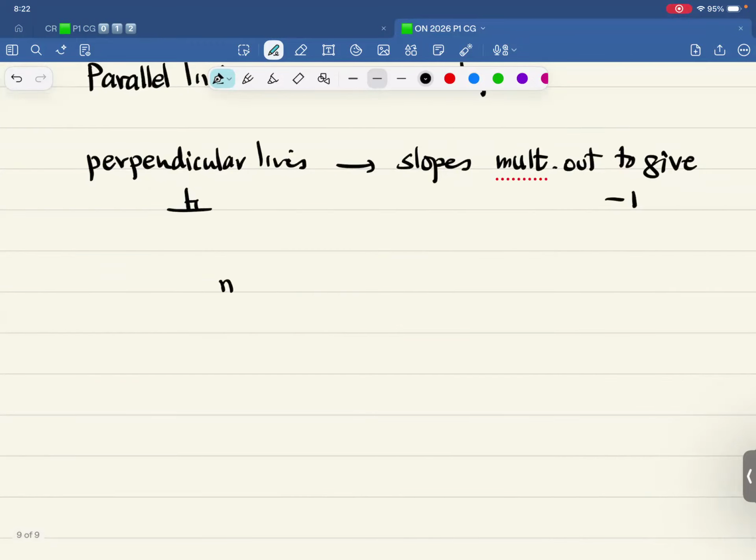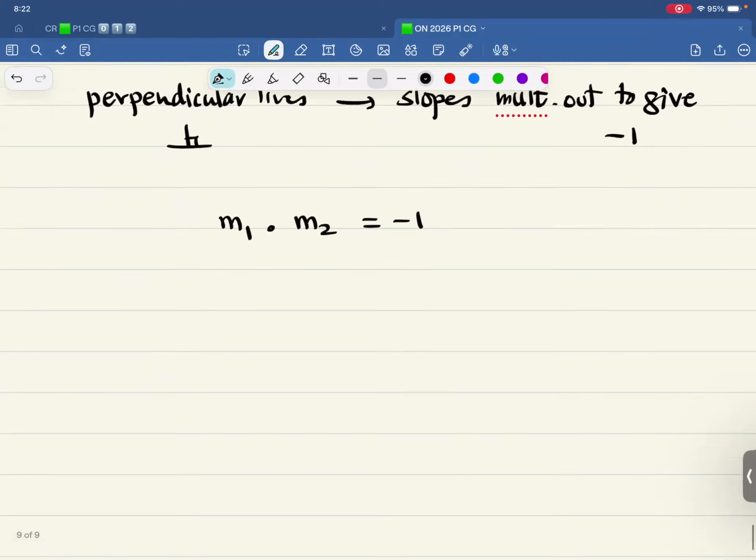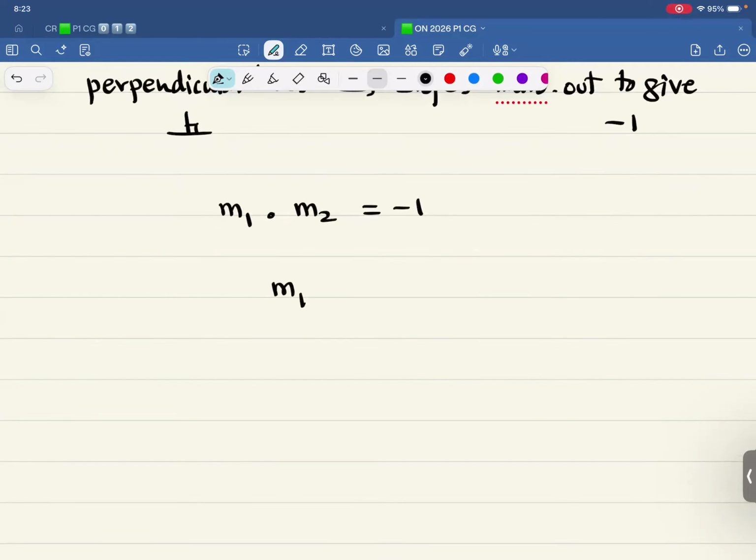Or if one slope is m1 and the other slope is m2, they give you -1. In other words, one slope is the negative reciprocal of the other. So remember the word negative reciprocal. Okay, that thing is done.